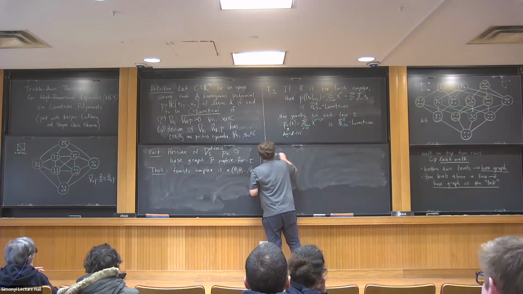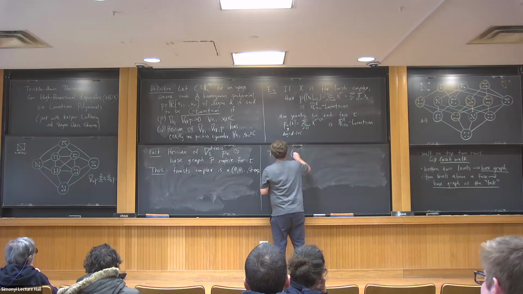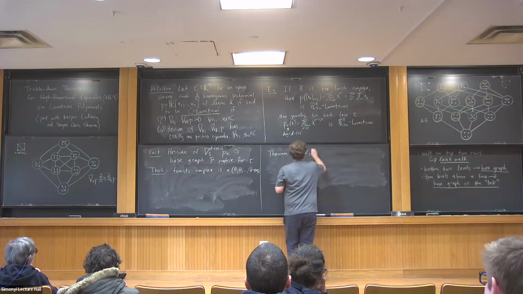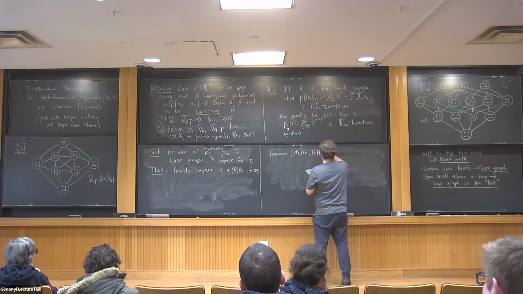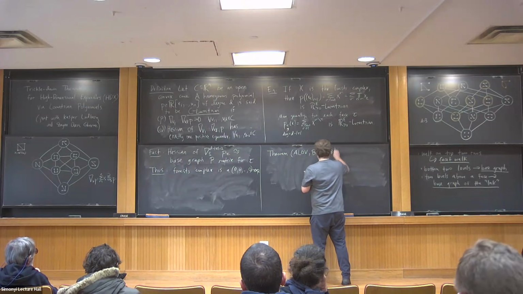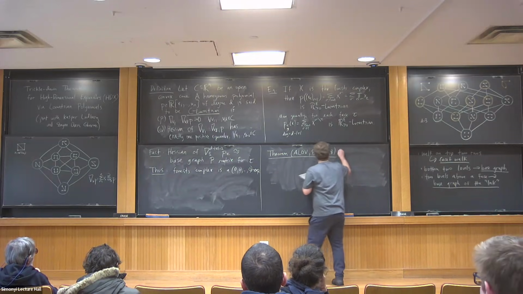So this is a corollary of a more general theorem by these groups. These same groups I've been talking about, Anari, Liu, Oveis Gharan, Vinzant, and Brändén and Huh, from about 2018. I don't exactly remember the exact year.